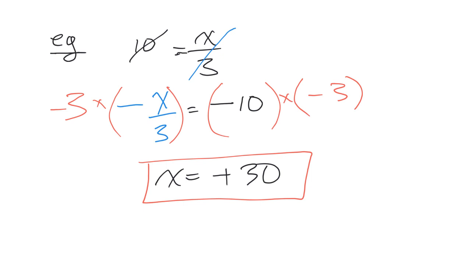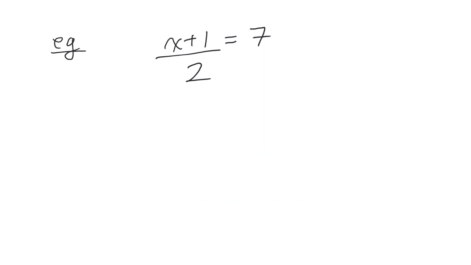Now, let's see what would happen if we have a different situation. So imagine I have this problem here, x plus 1 over 2, equals 7. And all I want to do is to solve for x like we usually did before. To solve for it, we'd have to identify the fact that we have a 2 on the bottom here.